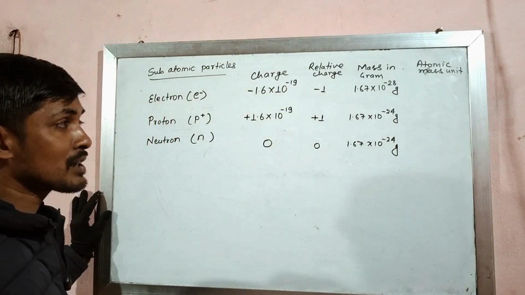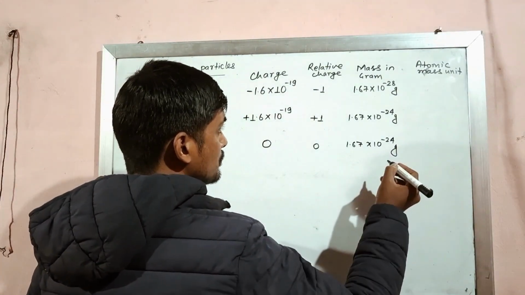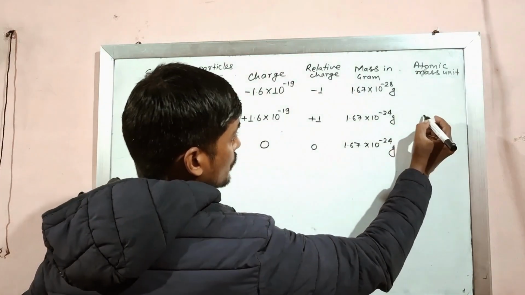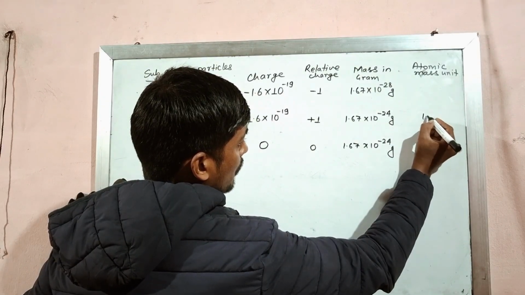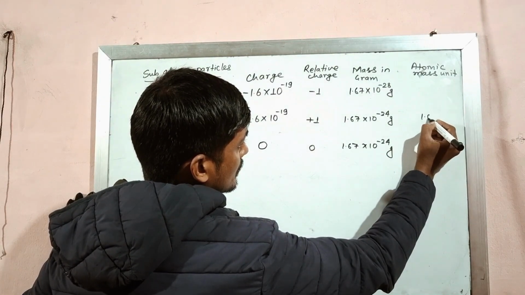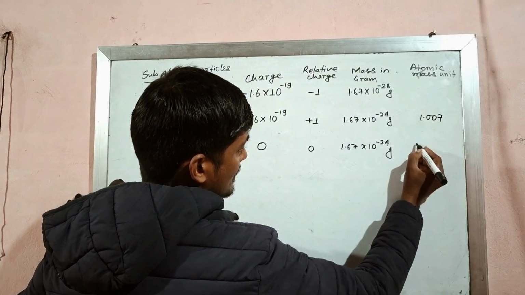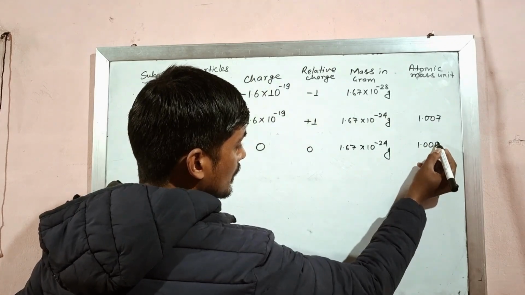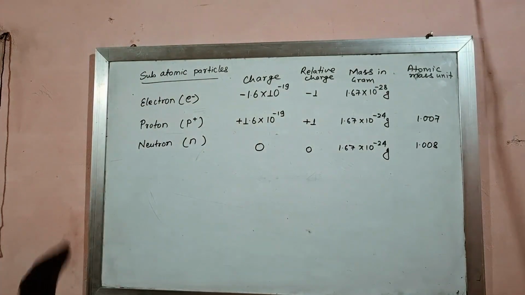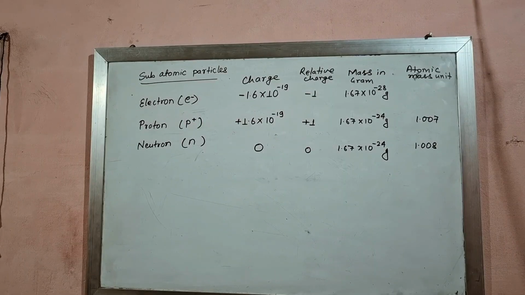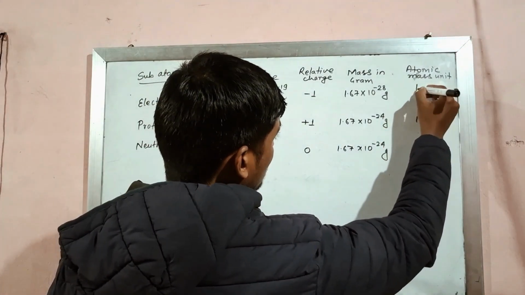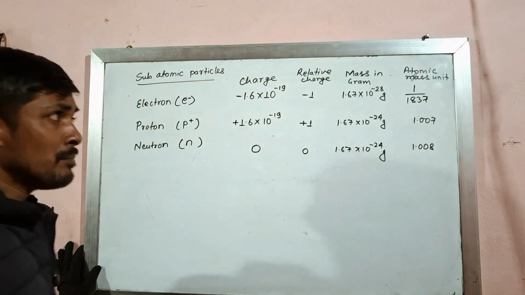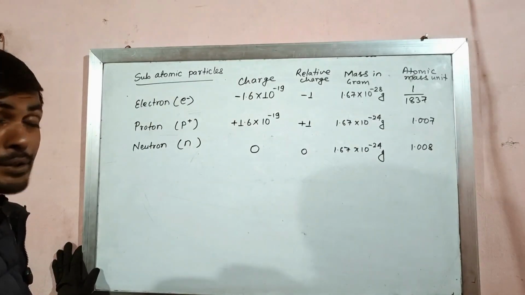If we talk about the mass in AMU, then in case of proton 1.007, whereas in case of neutron 1.008. But in case of electron, its relative mass is 1 by 1837 atomic mass unit, AMU.